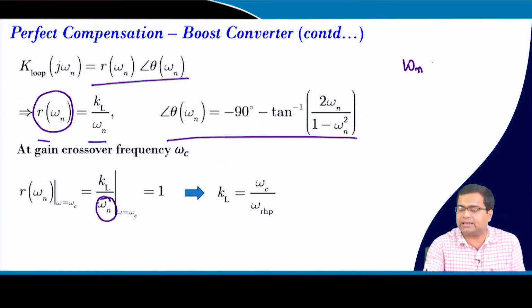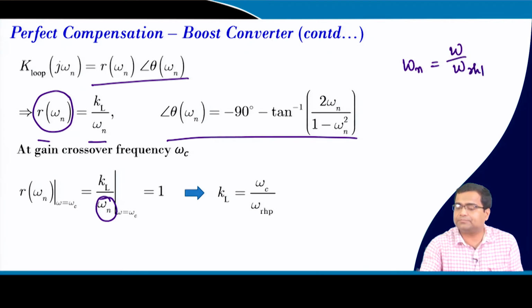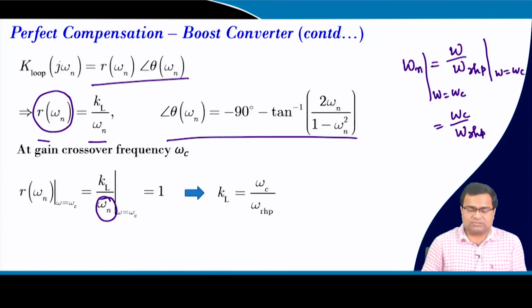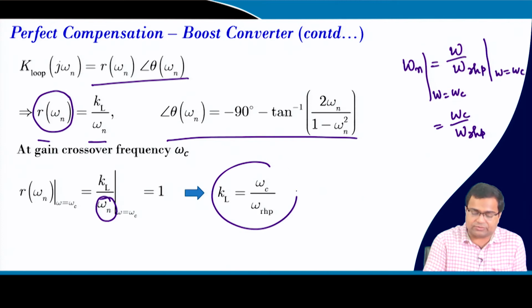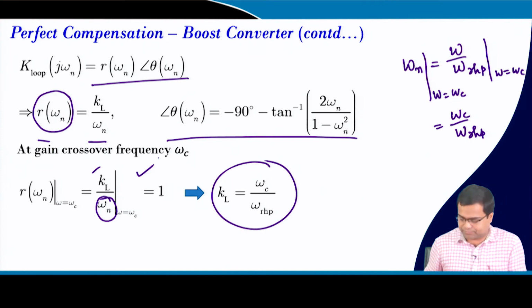My omega n is simply omega by omega RHP, and at gain crossover frequency this will be simply omega c by omega RHP, and this is nothing but my K_L. So, we are getting this expression from here.